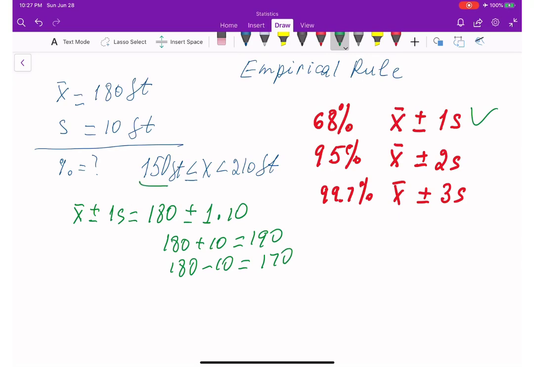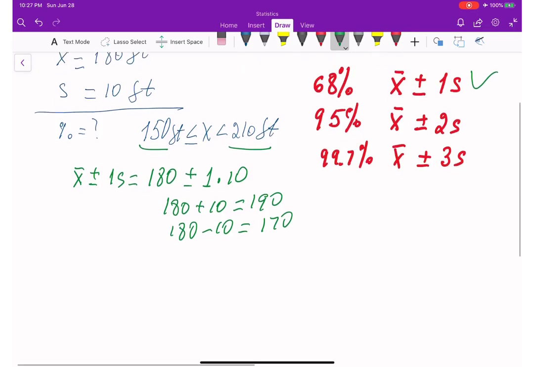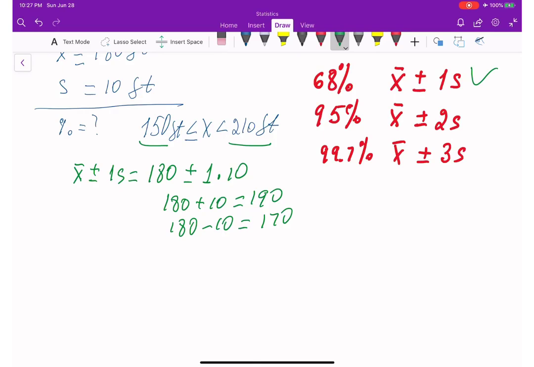As we can see, it doesn't fit the range we are interested in. Okay, next one.